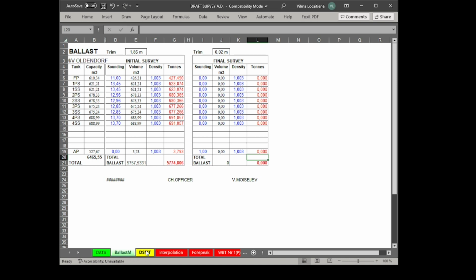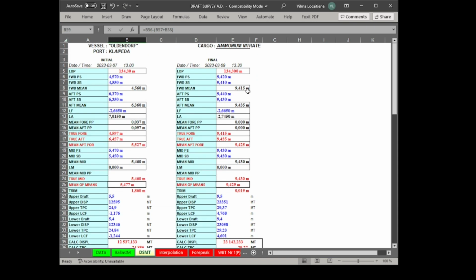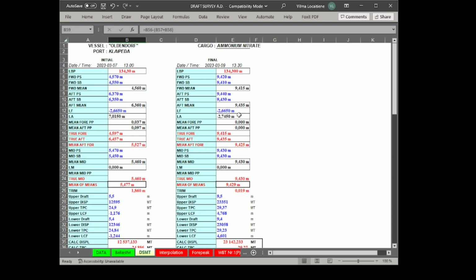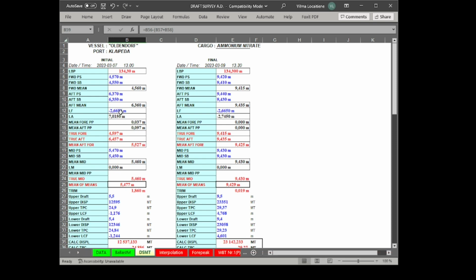And just now we can look at the displacement calculation table. It is necessary to emphasize that always it is necessary to insert the exact correct draft corrections. There you can see the distance between the real draft mark and the forward perpendicular, because the forward draft mark is aft of the perpendicular.